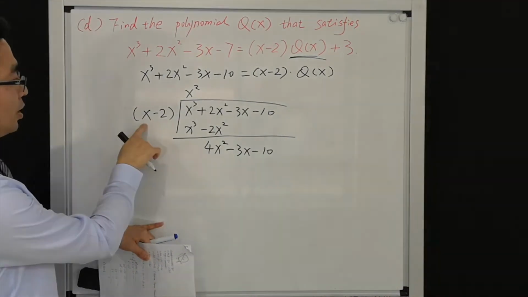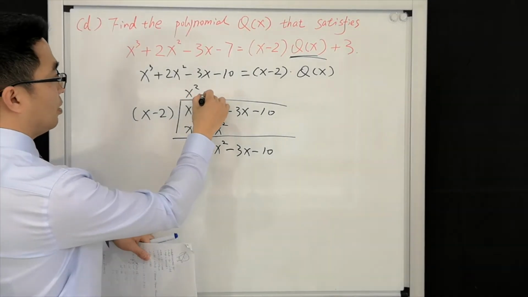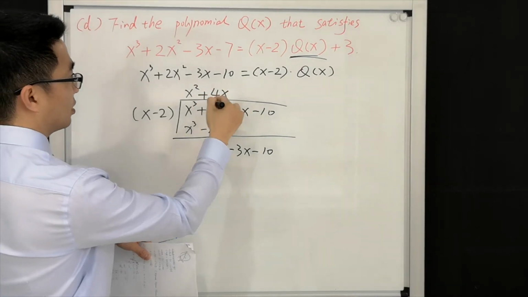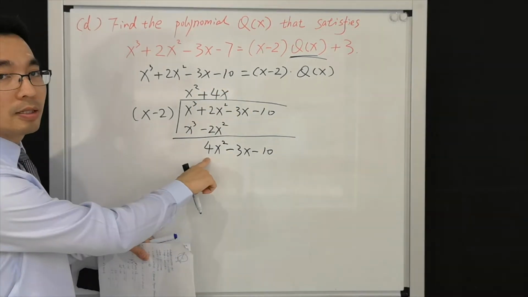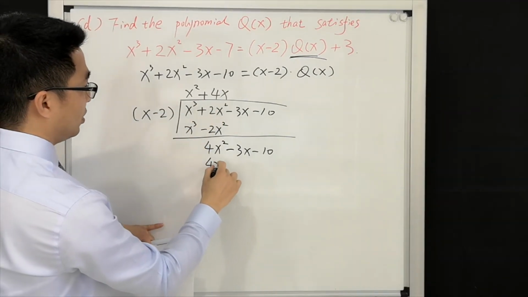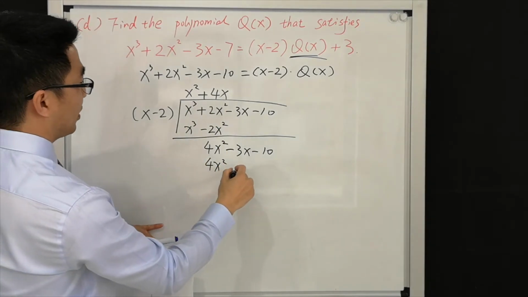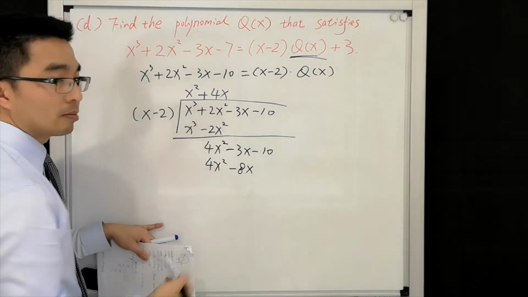Compare the x to 4x squared, so we need to multiply by 4x. x times 4x gives 4x squared. Negative 2 times 4x gives negative 8x.